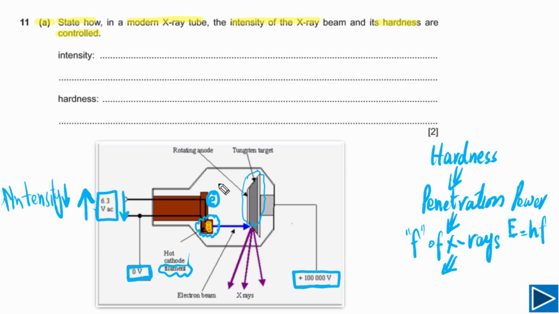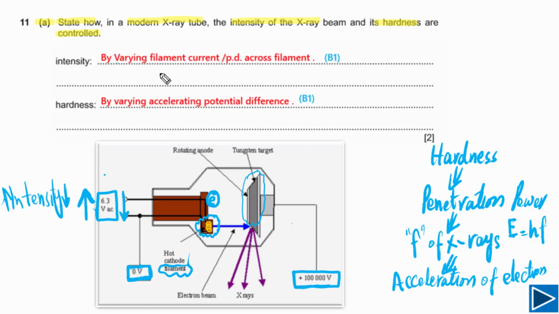If we accelerate these electrons more between cathode and anode, electrons will gain more kinetic energy, and when they hit this anode, they will produce higher energy X-ray photons.